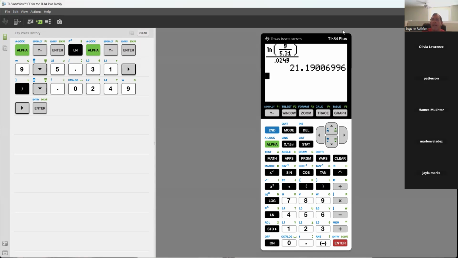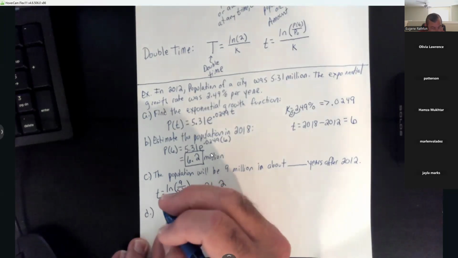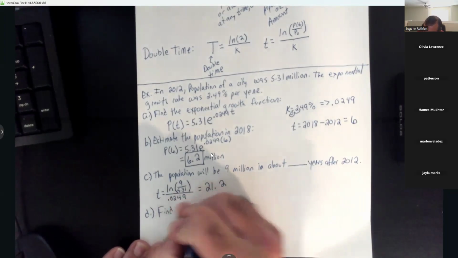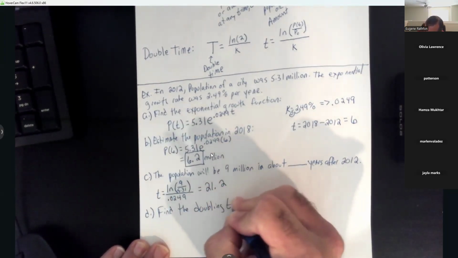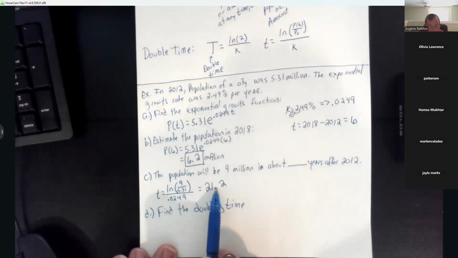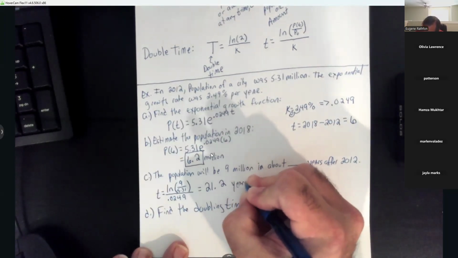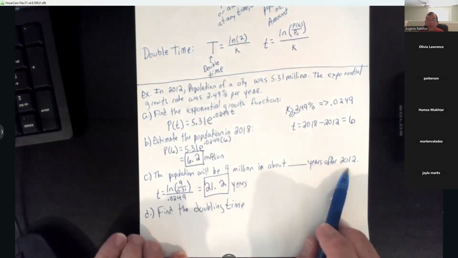All right, so then we got a part D on this one. Part D, find the doubling time. Now, I know it'll be more than 21.2, and y'all, this will be years after 2012.